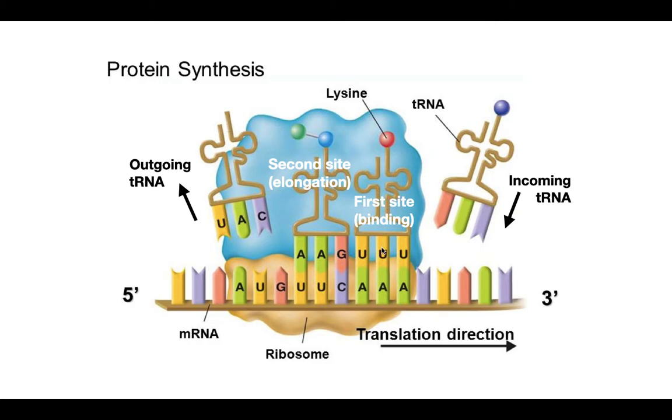The one that's just arriving has not yet connected up its amino acid to the forming polypeptide chain. So we have here different polypeptides, right? Different amino acids forming together. So it's about to be 3 amino acids long, and then it'll be 4 amino acids long.